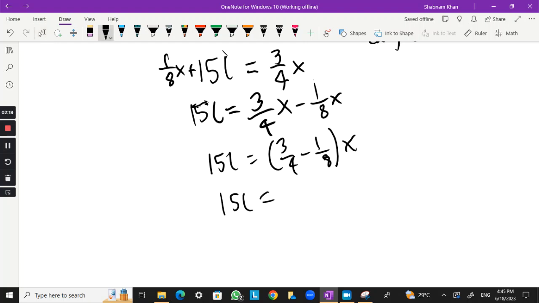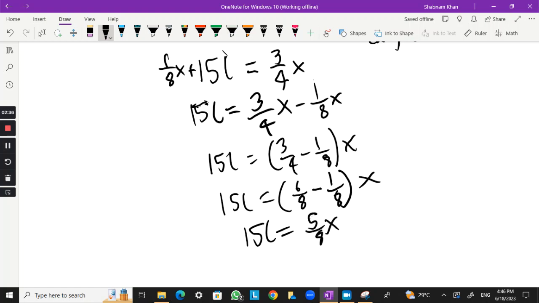So by subtracting them, we need to take the LCM for the denominators. So 6/8 minus 1/8. And you finally get 15 liters is equal to 5/8x. So in actual words, you can say that 5/8 of the car fuel is 15 liters.